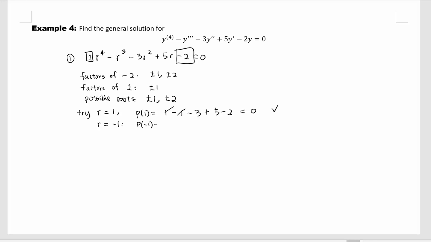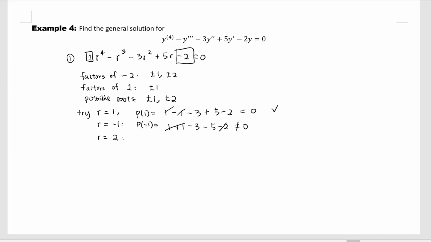So minus 1, we get minus 1 to the 4th, 1, and then minus 1 cubed is minus 1, but with the minus in front it is 1, and then minus 3 minus 5 minus 2. Oops, this is negative, so not 0.